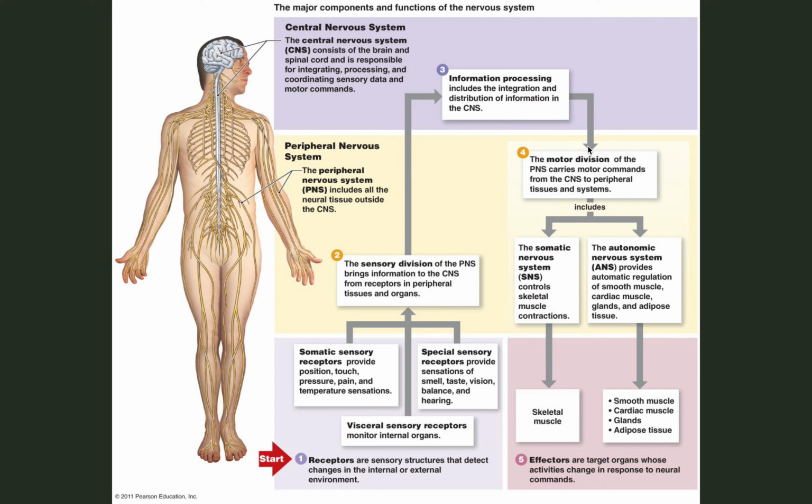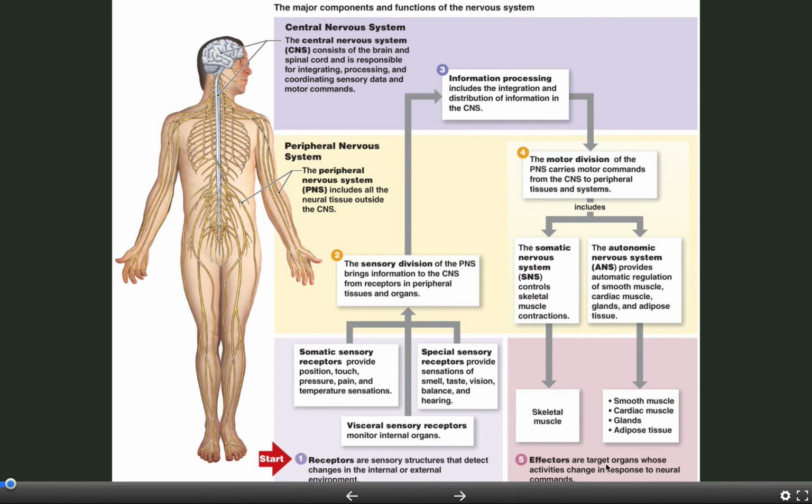You can see it's divided into a motor and a sensory division. The sensory division consists of our sensory receptors, and it's going to send information to the CNS. And then the motor division receives information from the CNS and then causes some sort of action.